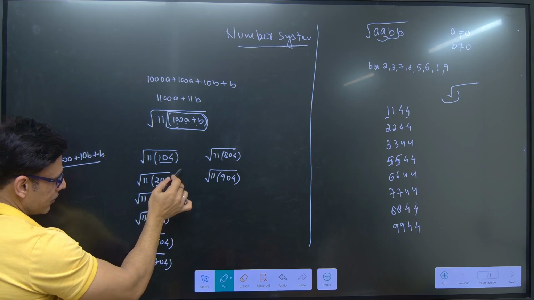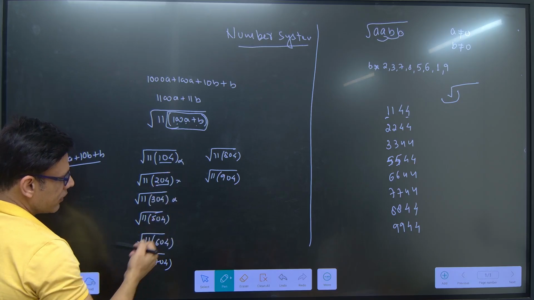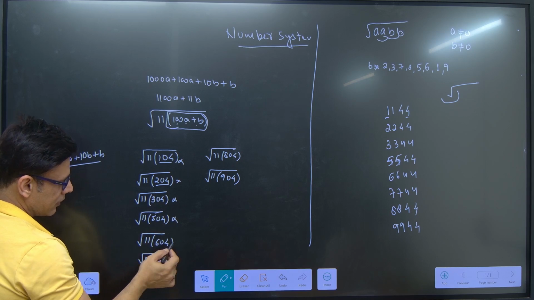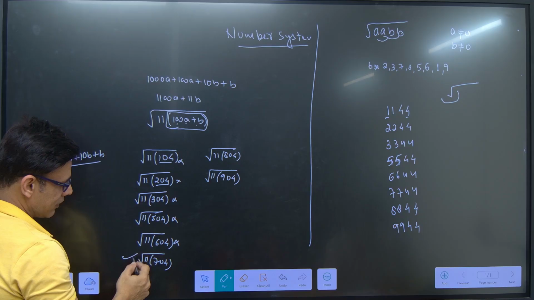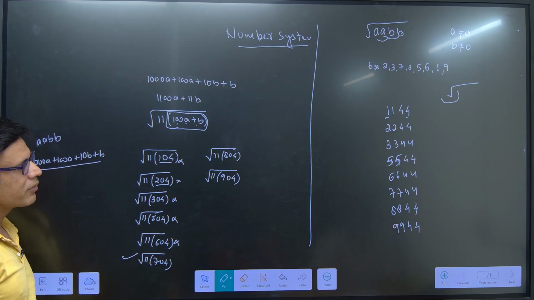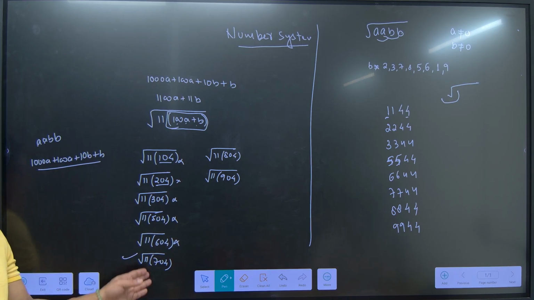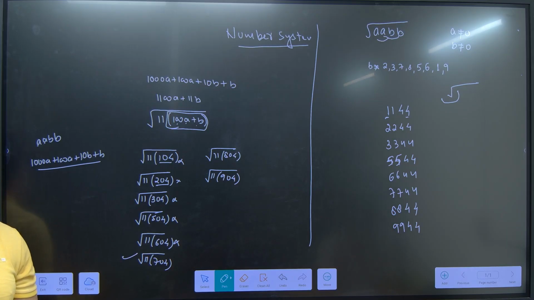This, this, this, this. That's your answer. This one will not be divisible, nor this one. Now divide 704 by 11, you'll get 64. 64 is also a perfect square, 8 times 8 is 64.